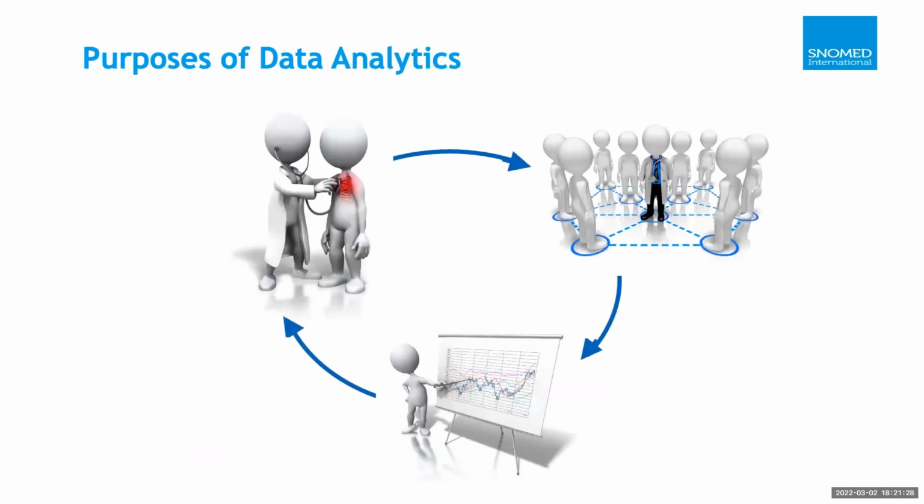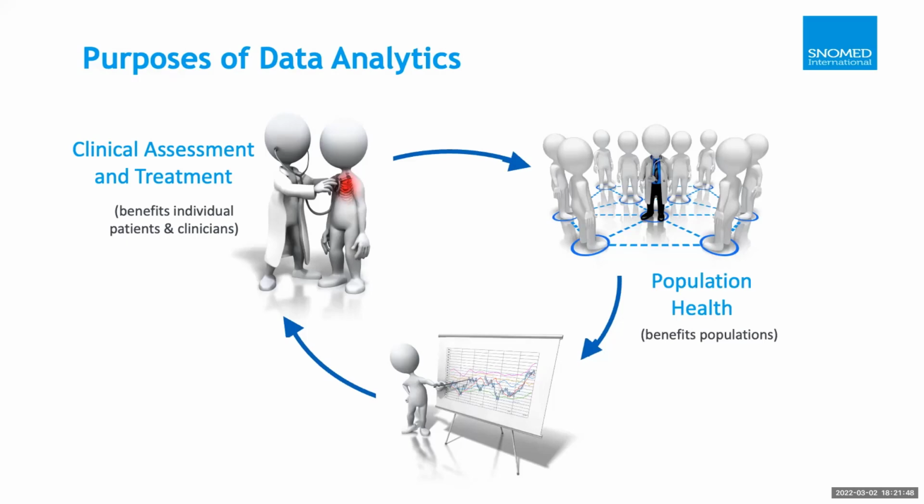This diagram here summarizes the three main purposes of analytics over patient data. Firstly, we have clinical assessments and treatment, which benefit individual patients and clinicians. Then the data collected at a patient level for the individual patients can be grouped together for population health to benefit larger groups of people.